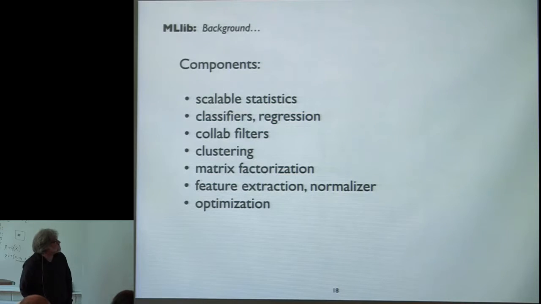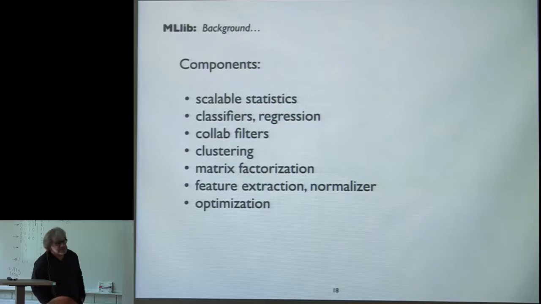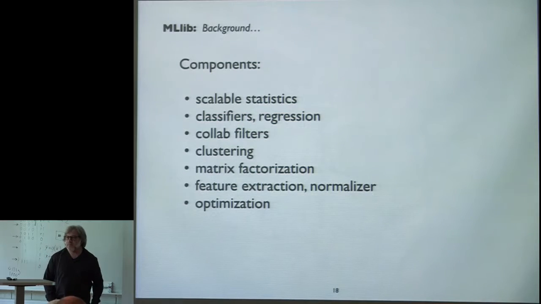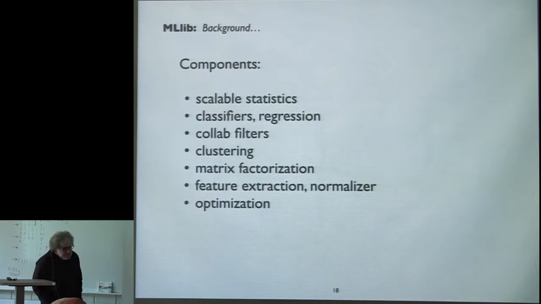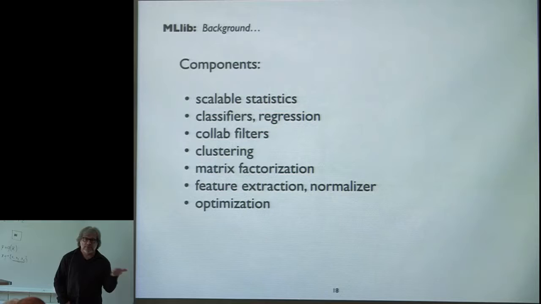There's a few different methods of clustering now, but it started out with some variations of k-means, k-means plus plus, or k-means pipe, different optimizations off of k-means. In terms of factorization, I'll show some examples, but there's principal component analysis, singular value decomposition. There's been some other work that's been added. Reza Zadeh's team in particular is really pushing that.